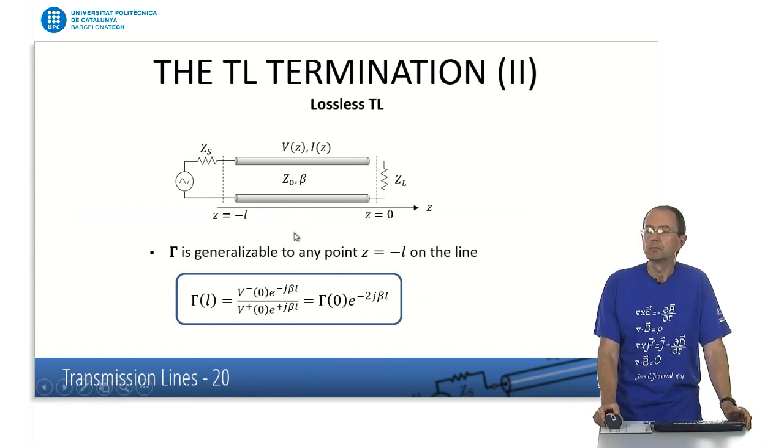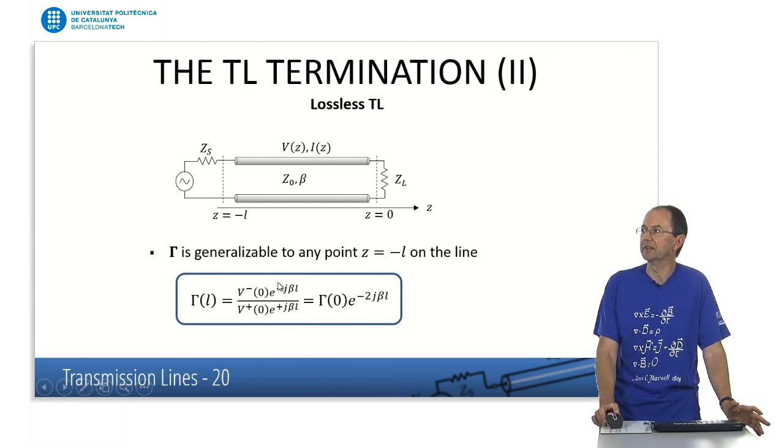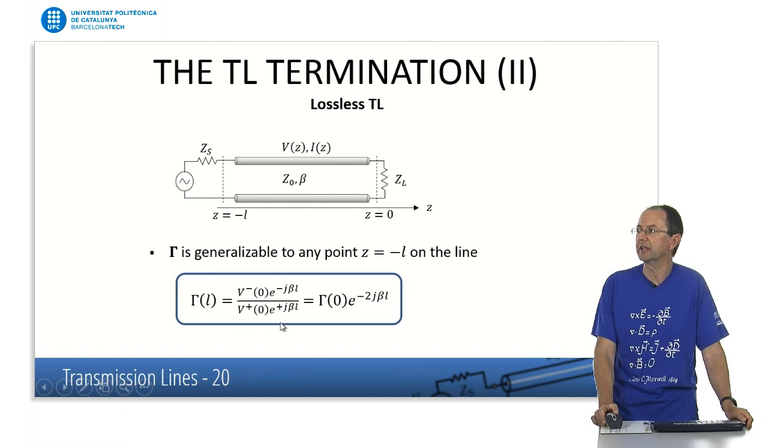Now, what is interesting here is that we have defined the reflection parameter at the output port of the transmission line, but because we know how the forward and backward waves propagate along the line, in the lossless or low loss case of a transmission line, these signals evolve along the line with a phase change, which is modeled with this parameter.